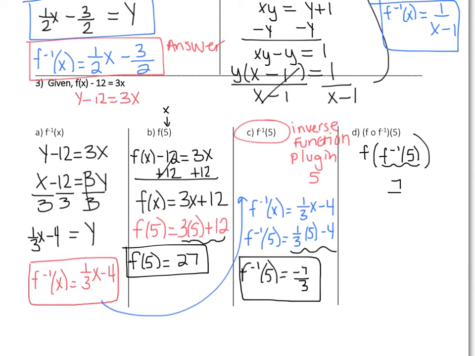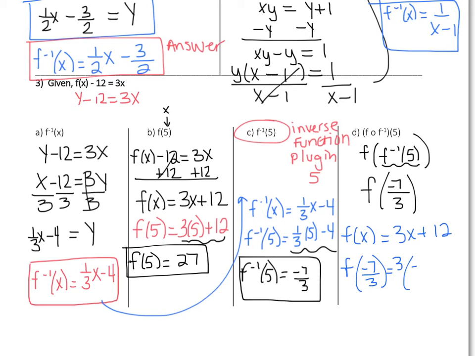So all I'm going to do is say now I want to find f of negative 7 over 3. So f is the original function, and I want to put in negative 7 over 3. Here's my f of x function, so I'll write it again. f of x equals 3x plus 12. And I want to find f of negative 7 over 3.